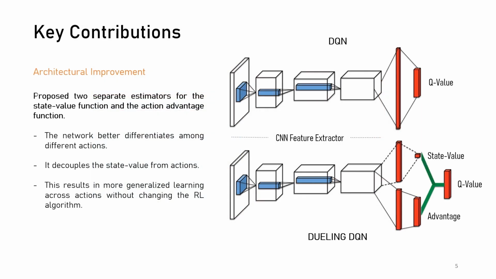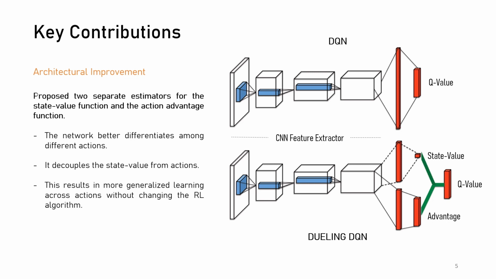Here is the contribution of the work. The proposed architectural improvement is shown on the right. Here, as you can see, the DQN and dueling DQN networks have the same structure up until the feature extraction layer.